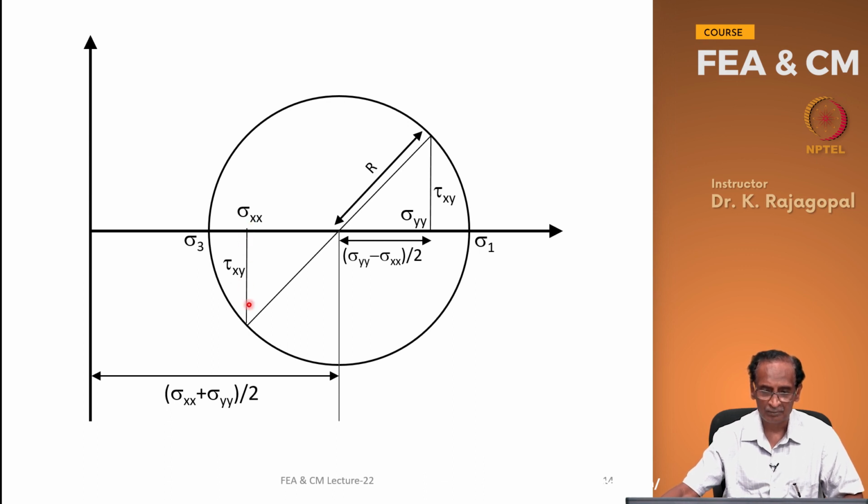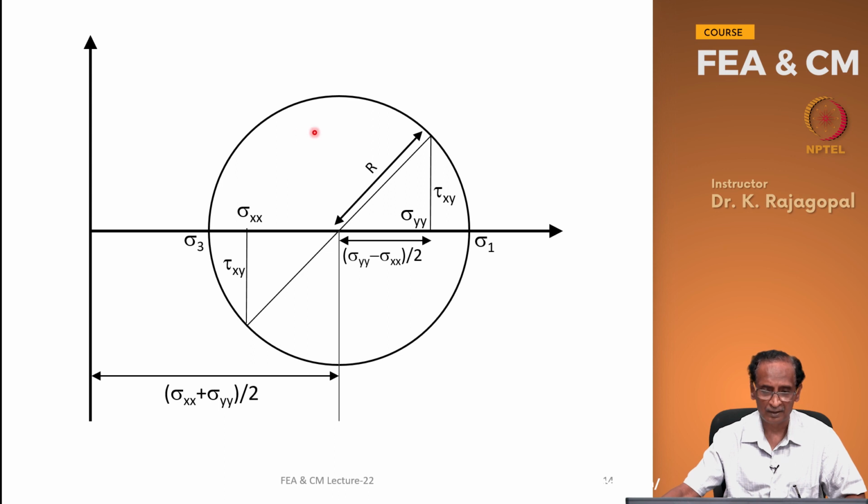So, we get 2 points, and we can connect both of them with a straight line, and this is your center point, or the mean normal stress, sigma xx plus sigma yy by 2.